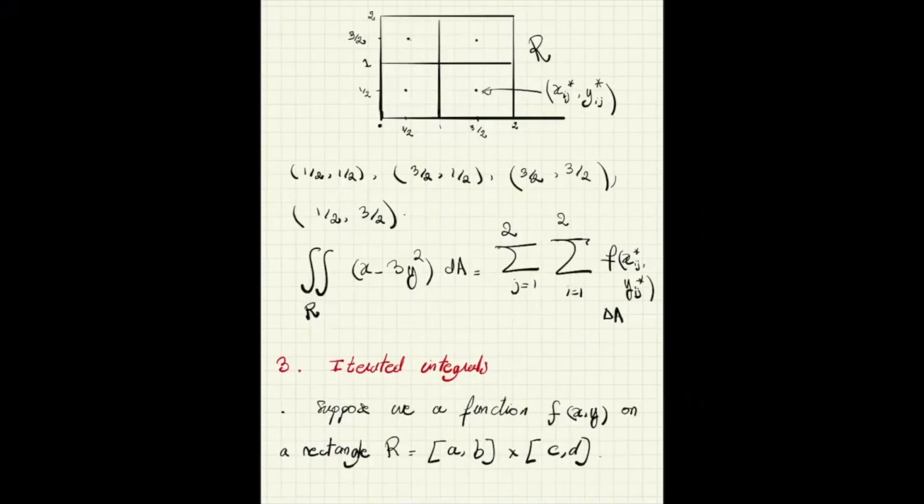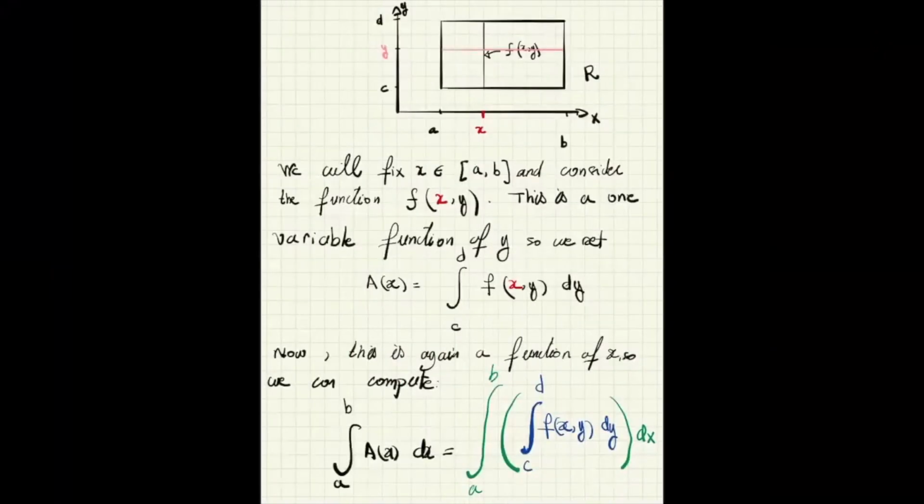So we talked about iterated integrals. These are just one-dimensional integrals: you fix some variable and see the function as a one-variable function, then you integrate as in the one-dimensional case, you get these functions of x and y, and then you integrate them again.